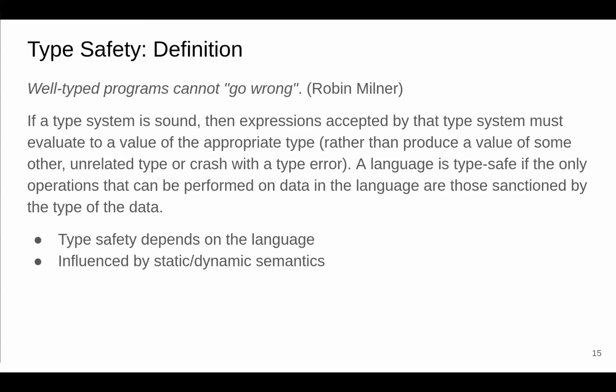A language is type safe if the only operations that can be performed on data in the language are those sanctioned by the type of data. So type safety depends on the language. This is a language feature and kind of influenced by the static and dynamic semantics, both of which can be type safe. So type safety defines that your program must follow the given type system, or only operations in this type system are allowed. This is rather abstract so far, so we'll go through a couple of steps to concretize this information.